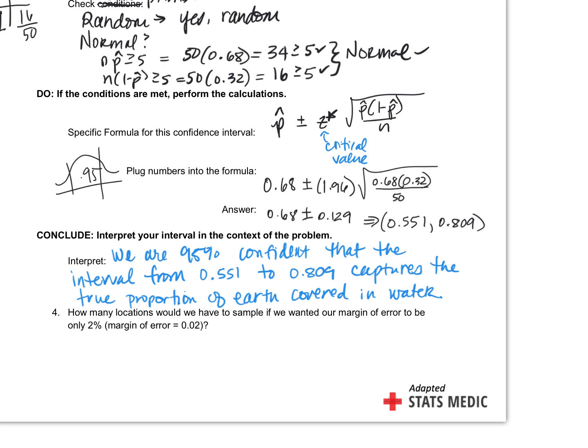So the sentence structure you'll use every time is: we are whatever percent confident that the interval from blank to blank captures the true, fill in the blank, context. All right? Those parts will always stay the same. Obviously, the question's going to change. It's not always going to be about water.